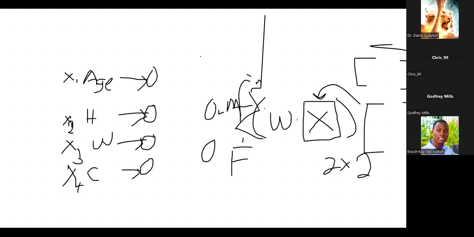Otherwise, 0 for z less than 0. So we can plot this as this. This is z. This is y. So now it is 1.